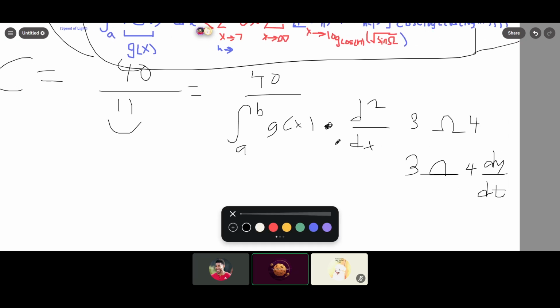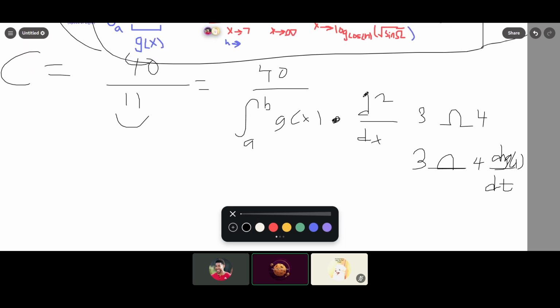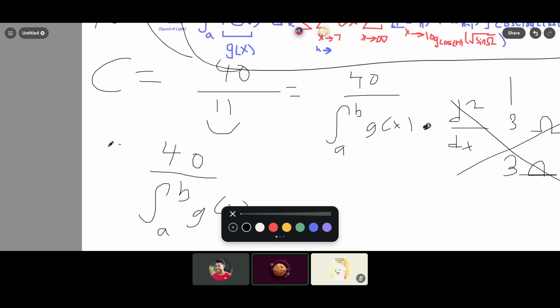And the y in this case is g of x. So I'll just put that here. So now we know that the second derivative of this, that goes away because that's just a constant. This is times 1. So now we get 40 over the integral from a to b of g of x. And c is equal to that.